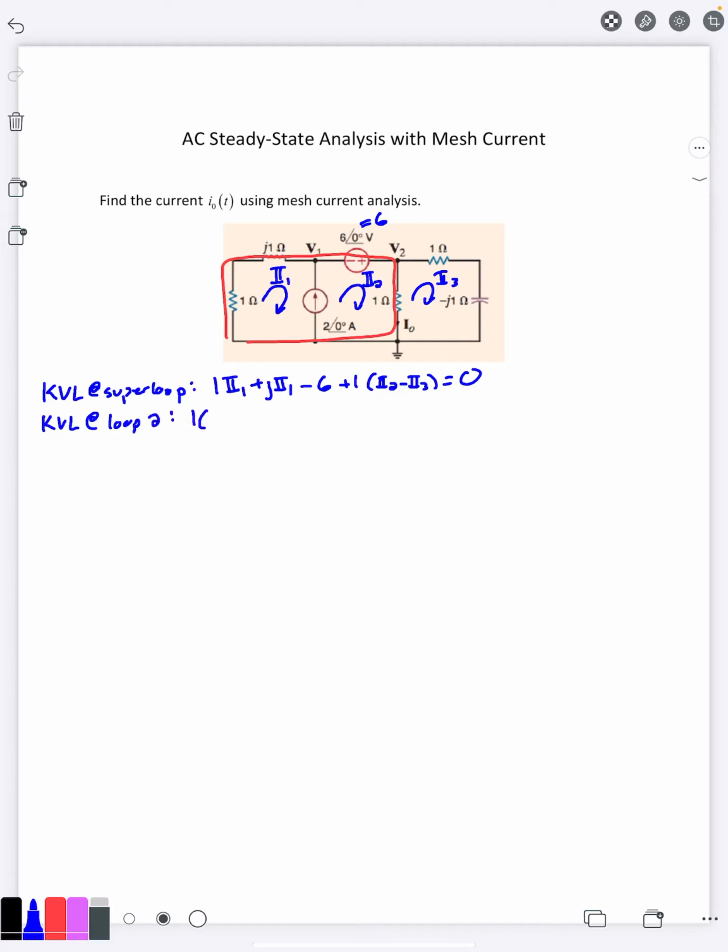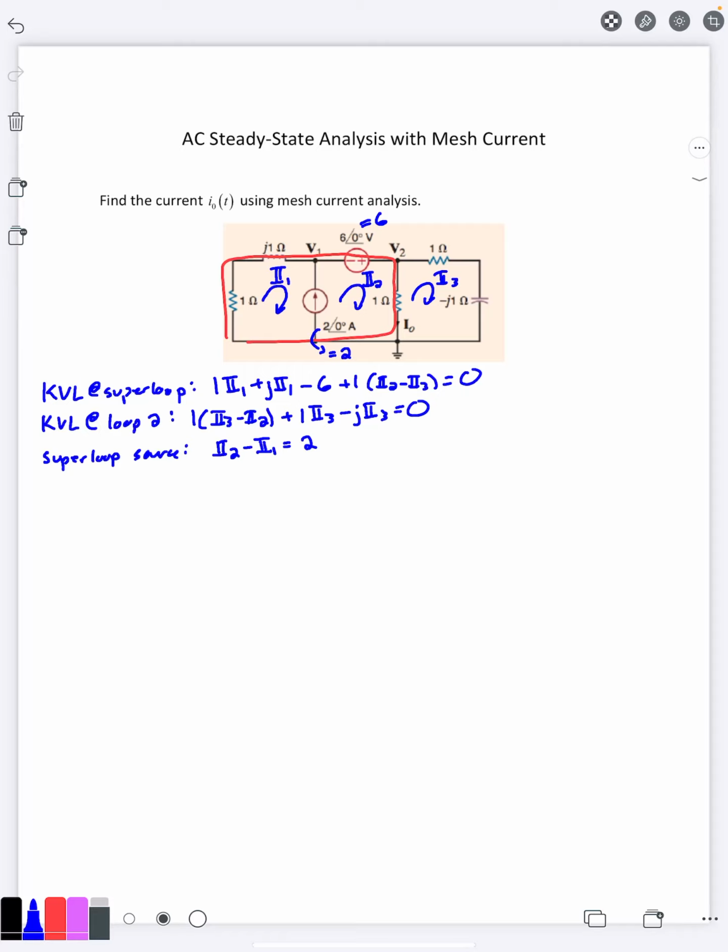That's going to be 1 times I3 minus I2 plus 1 times I3, and then minus j times I3 equals 0. And then the super loop source equation, right? We have a current going up that's 2 angle 0. Again, 2 angle 0 is the same as just 2. So if it's going up there, that means the current going up minus the current going down, the net current is going to be 2.